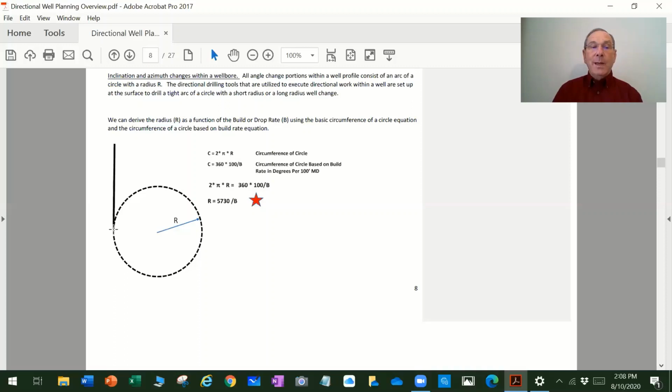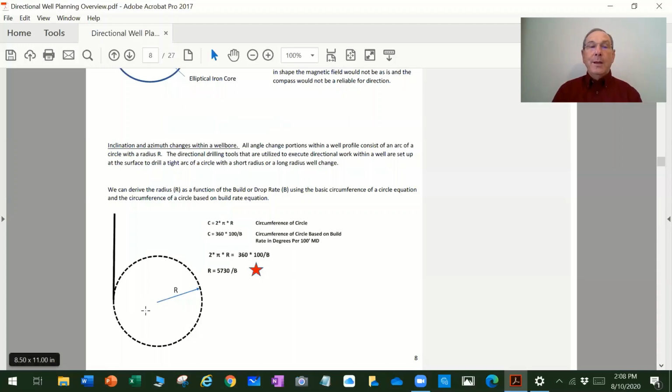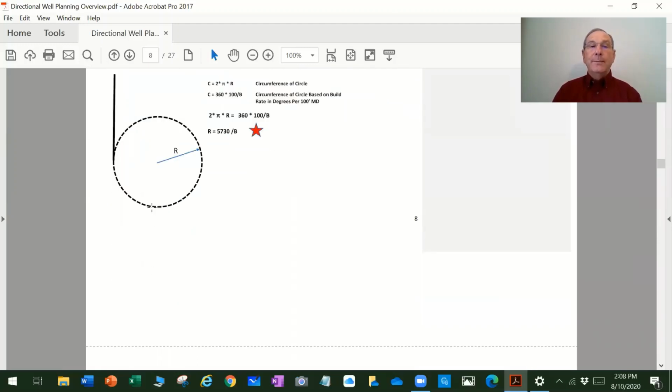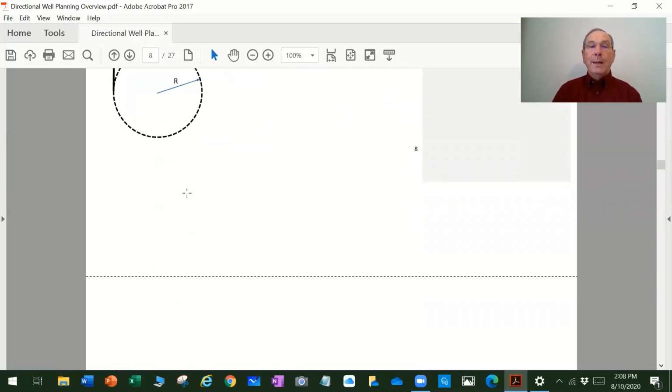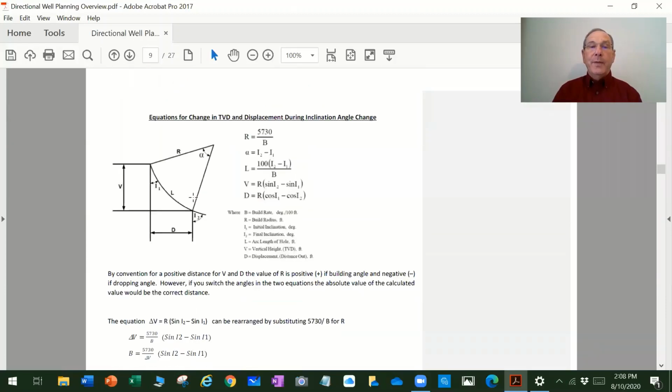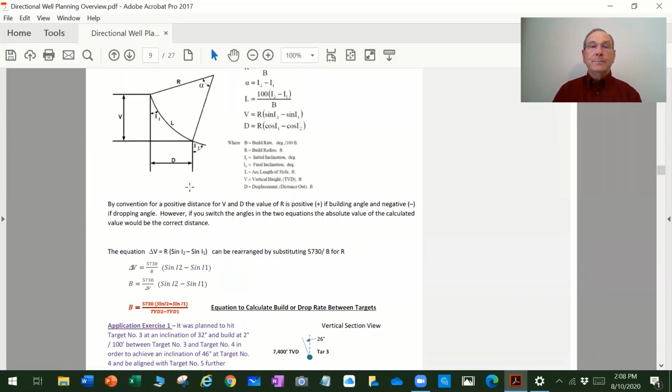So that distance from here to the bottom of your circle arc would be 600 feet. So you would have to kick off at least 600 feet above your target depth that you wanted to be horizontally in. So you can use this to plan kickoff depths for those types of applications.